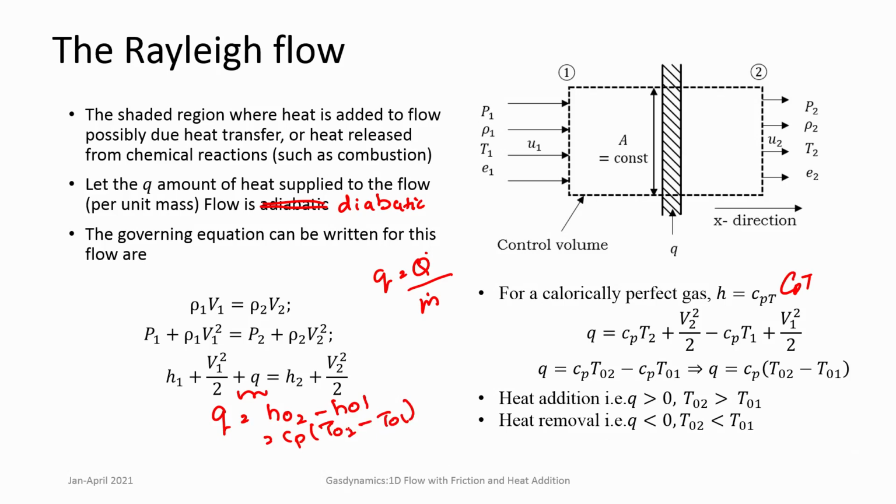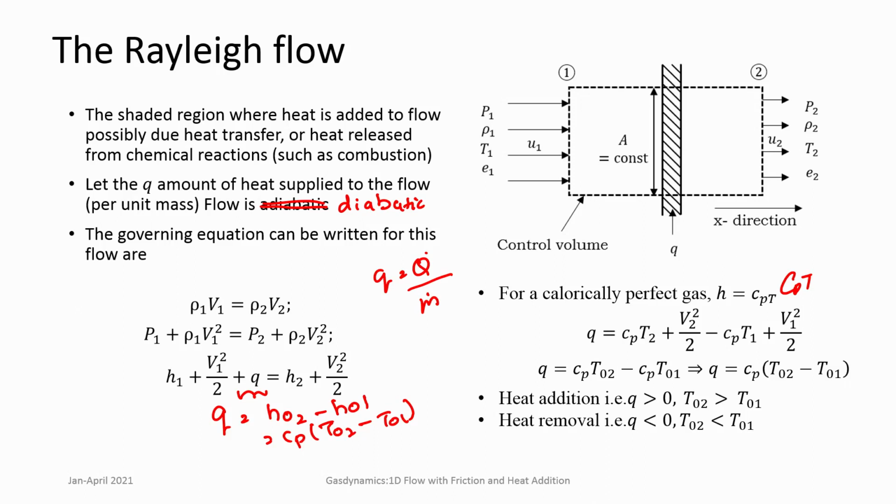So, this one should understand. If there is heat addition, that is Q is greater than 0, then your stagnation temperature will rise, T naught 2 is greater than T naught 1. If heat is removed from the system, then Q is less than 0, that is, stagnation temperature will drop.